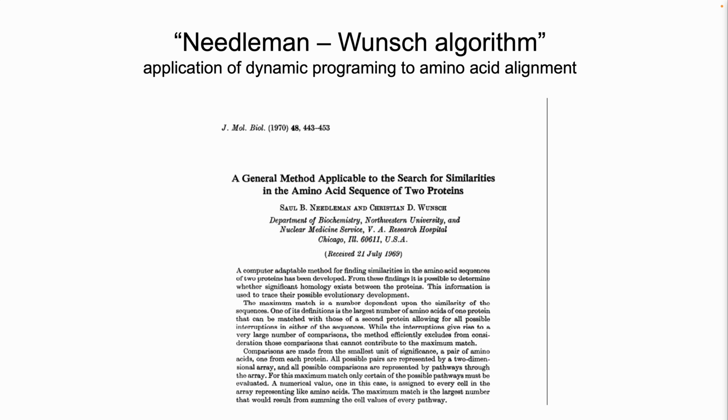This was solved by Needleman and Wunsch. This is one of the most famous papers in bioinformatics, because this is what made sequence alignment possible. And this is the pairwise solution. So just looking at 2 sequences, how can we align 2 sequences?